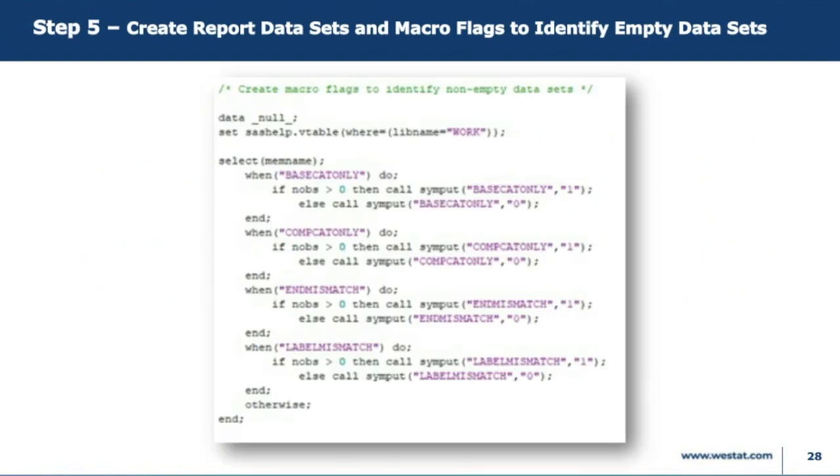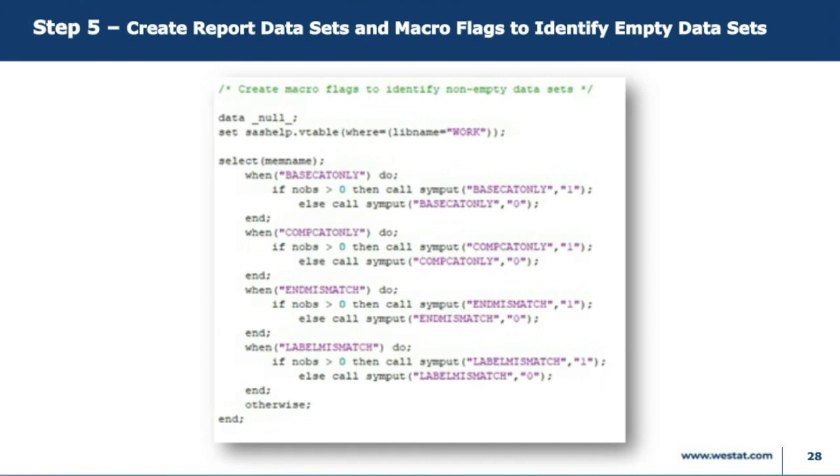Here's the code to do this. It's probably the most, I'll put this in quotes, complicated example that we have, but it's really not that bad. We have a data null step, and we're reading in sashelp.vtable, where library equals work. And in the work library, we know that we have 1, 2, 3, 4 SAS data sets: base cat only, comp cat only, end mismatch and label mismatch. And what we're doing is reading in the metadata for them from the vtable SAS table.